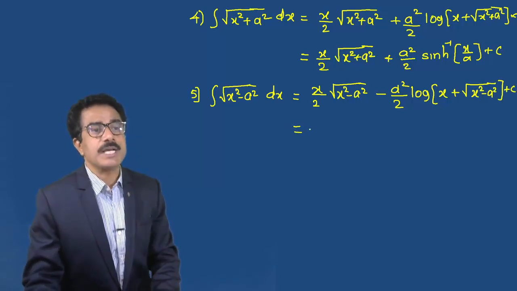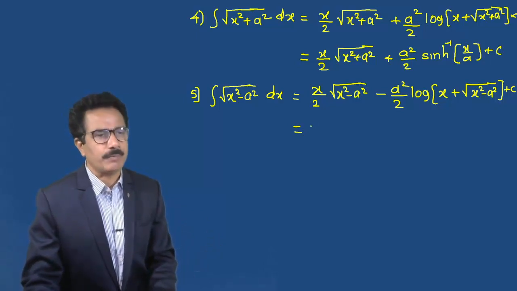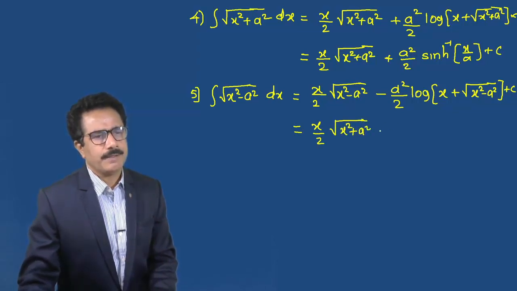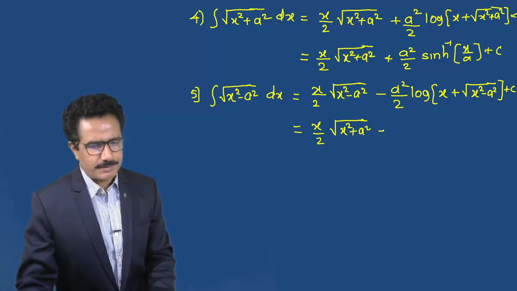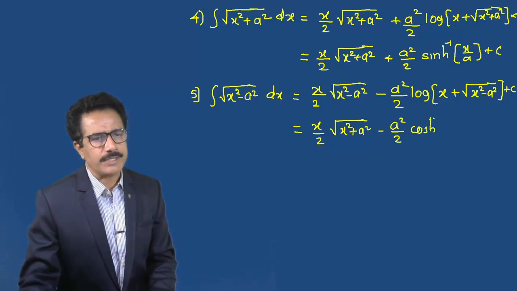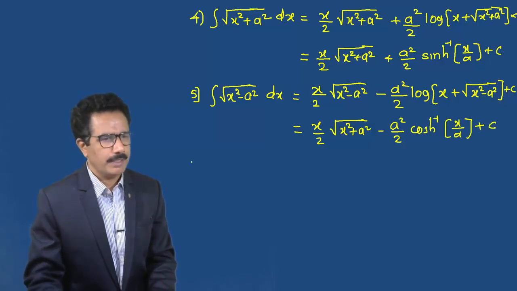Or we can use the alternative formula in the hyperbolic function, x by 2 into root x square minus a square minus a square by 2 into cos h inverse of x by a plus c.